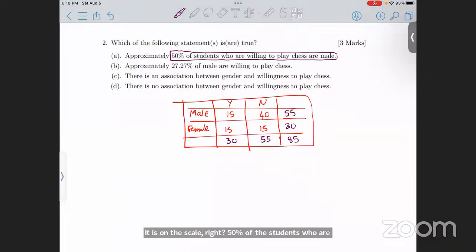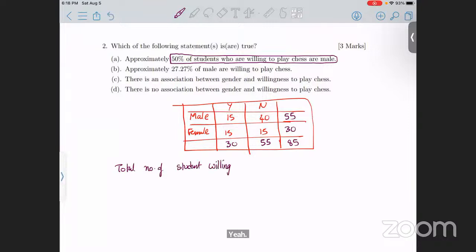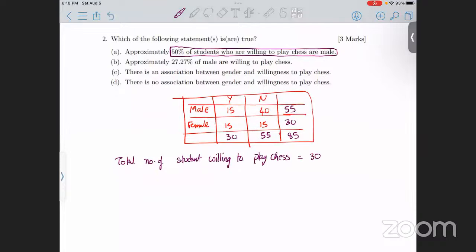What is the total number of students who are willing to play chess? 30. Total number of students willing to play chess is equal to 30.